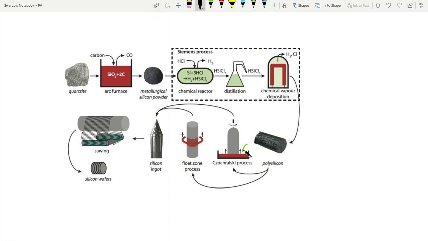This is the ingot. We don't grow pure silicon single crystal for solar.